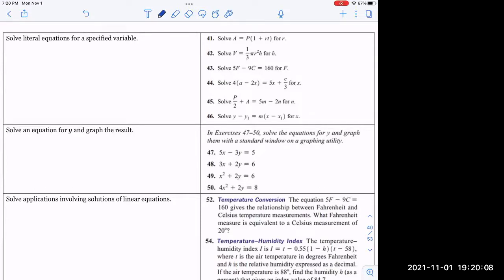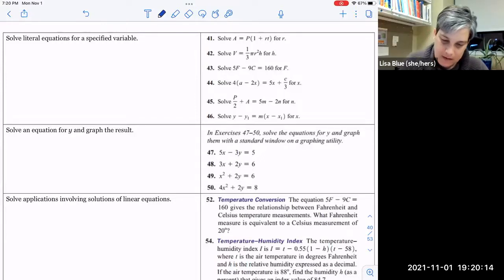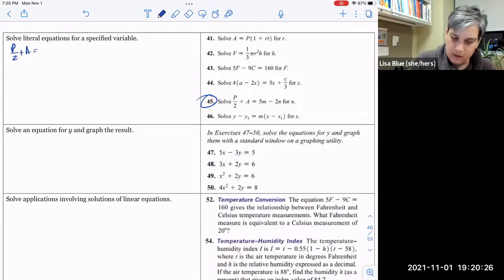All right. I think probably on these, maybe number 45. Okay. Solve P over 2 plus A equals 5M minus 2N for N. I like it. All right, so P over 2 plus A equals 5M minus 2N. And a lot of times I'll just highlight what I'm trying to solve for. And so the idea is to kind of peel this away like an onion. Everything they've done to that poor variable, we've got to undo it. And so right now they're adding 5M to negative 2N. So I'm going to subtract 5M from both sides.